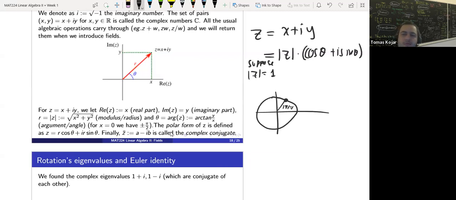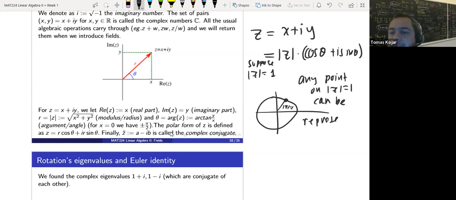Hopefully you remember from calculus that any point on the unit circle can be represented as some (cosine theta, sine theta), for theta between 0 and 2 pi.